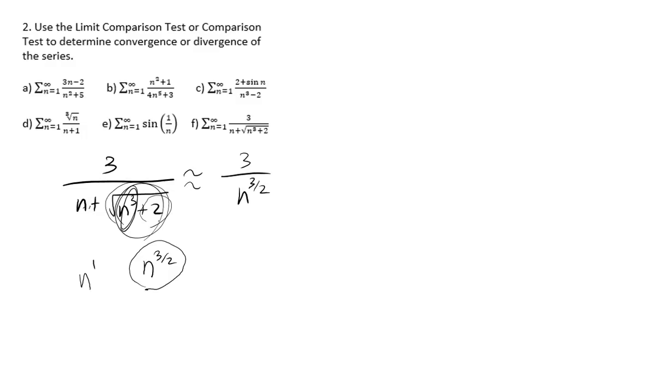And this is a p-series with p equals 3 over 2, which means that since it's bigger than 1, this series will converge. So that's what we will do. So sigma n from 1 through infinity, 1 over n to the 3 over 2 converges by p-test with p equals 3 over 2, and that's bigger than 1.